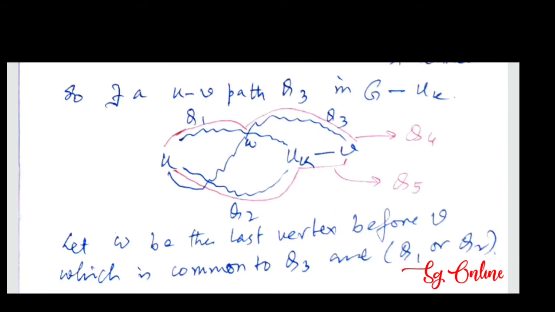And also since the path Q3 avoided UK, the vertex UK is also not belonging to Q3. So the only point common to this path of Q4 and Q5 is the first vertex U and the last vertex V. And so these are two internally disjoint paths between U and V.